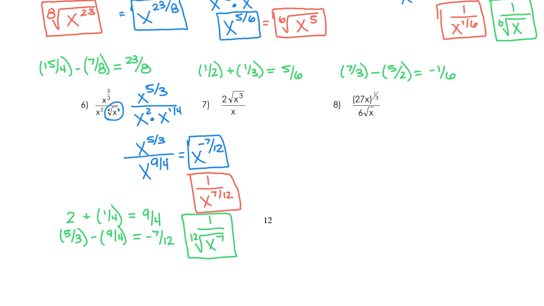Okay. All right, number 7. Again, the top has that radical in it, and we can't do much with it unless they're exponents. So we're going to remember what's in the crack, which is the 2, since they didn't write it. And so this will be 2x to the 3/2. On the bottom, we'll keep that x.